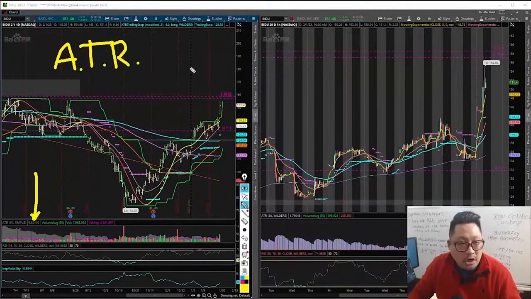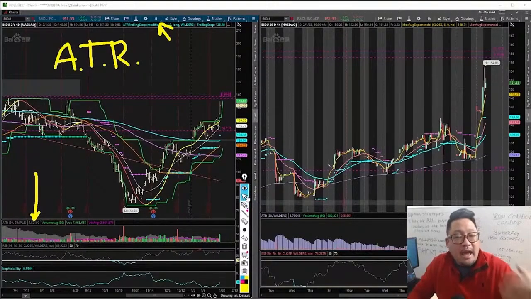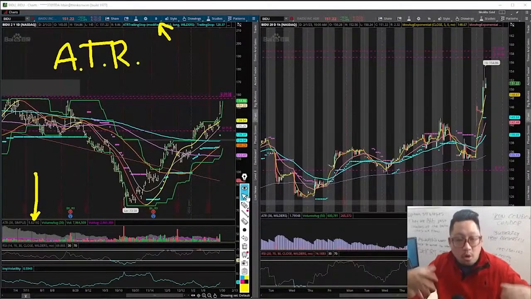Now, because the chart time frame is on the daily, the ATR average is going to be based on the total move the stock has made over the last 30 days. So this is important because now we know what the stock will normally move up and down in recent trading sessions.